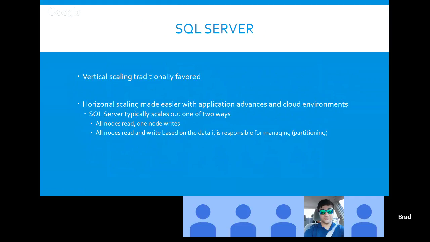Some people even went as far as to say it wasn't possible or it wasn't true horizontal scaling, but Microsoft provides a way to scale horizontally, typically either where all nodes can handle read queries and one node writes, or it can be partitioned into shards in which each node can read or write based on the data it's responsible for managing.